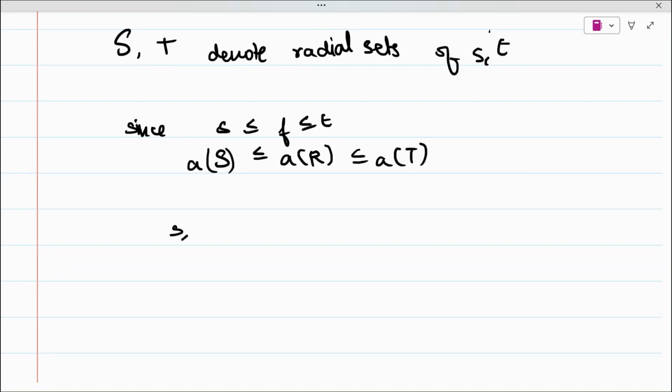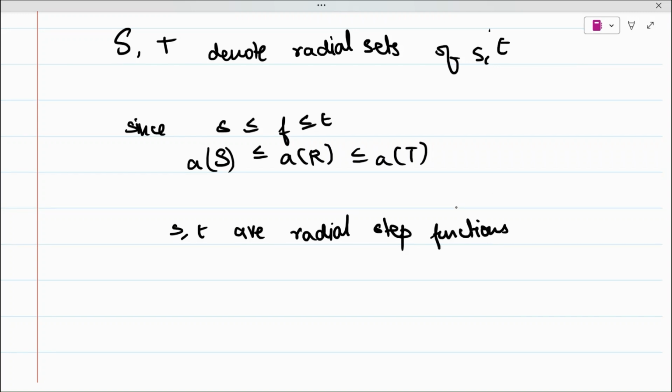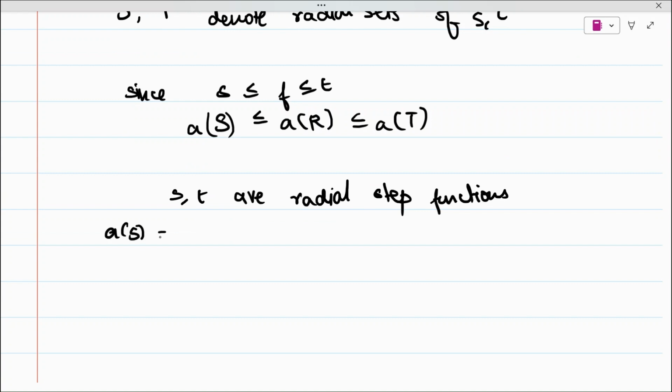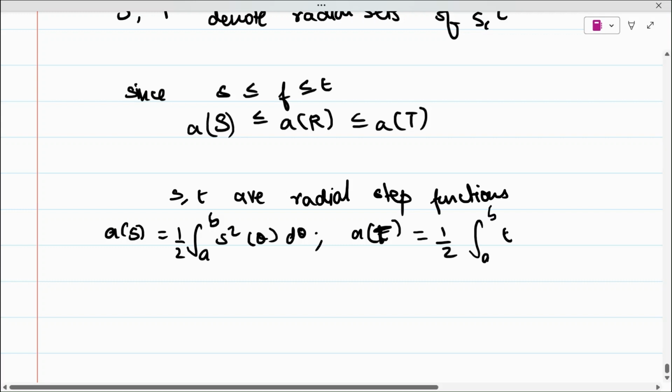Now, S and T are radial step regions, and we proved in the previous episode that their areas are just summations over the step regions. So a(S) is equal to half the integral from a to b of s squared theta d theta, and a(T) is equal to half the integral from a to b of t squared theta d theta.